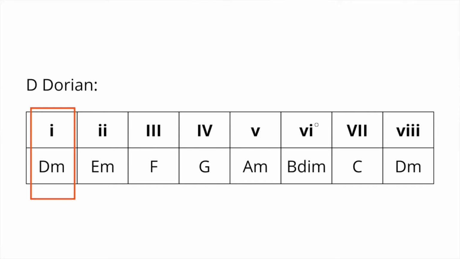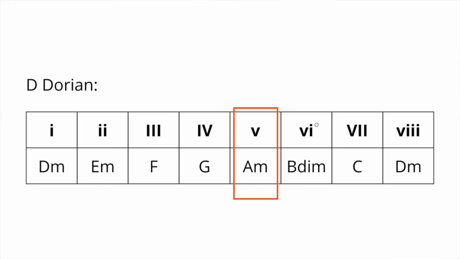So first off, what are the chords in D Dorian? Well, they're coming from C major, right? It's a mode of C major, so it's got the same chords as C major. However, the 1 chord is D minor. It's a big difference, not C, D minor. Then the 2 chord would be E minor. The 3 would be F major. The 4 would be G major.